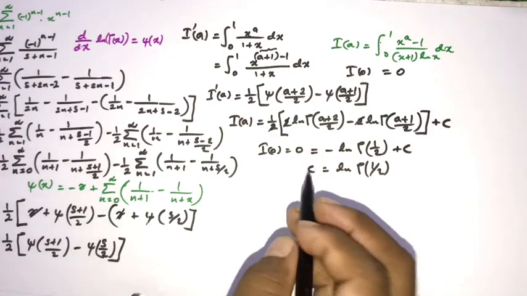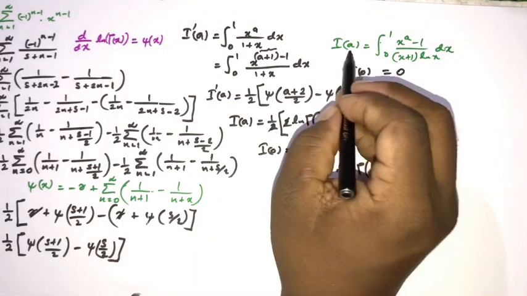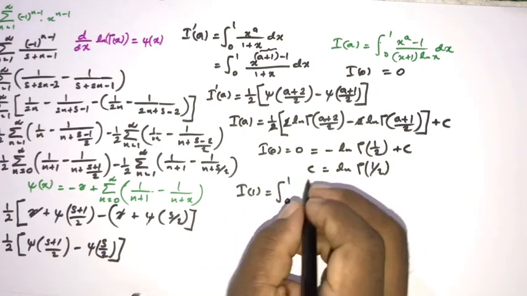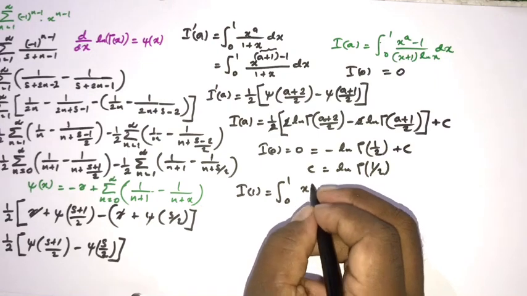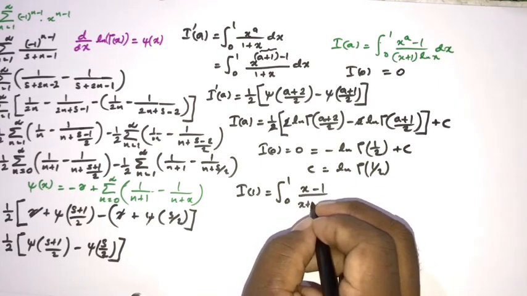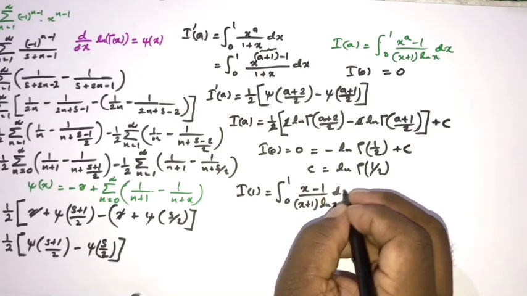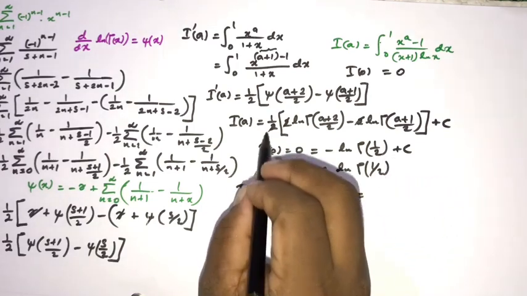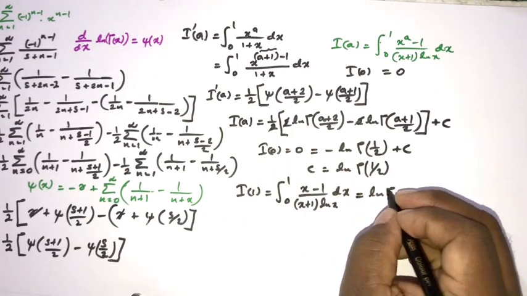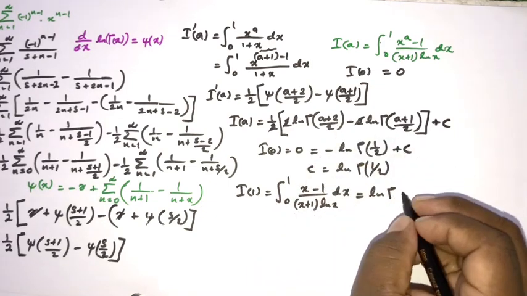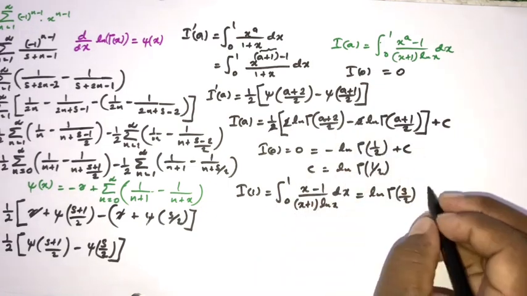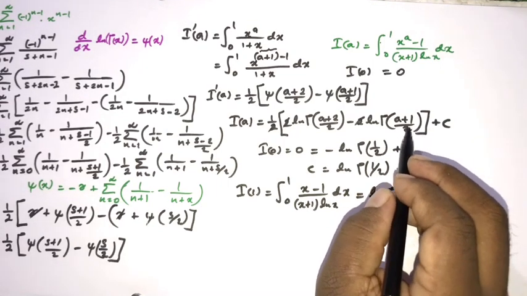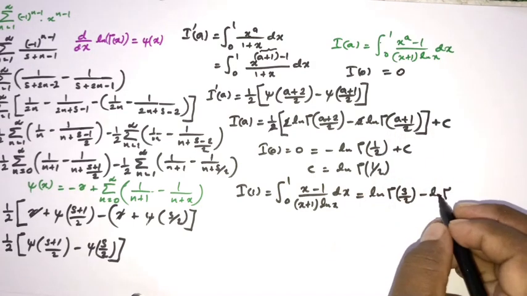Now we need I of 1. If we take I of 1, we have the integral from 0 to 1 of x to the 1, so x minus 1 over x plus 1 times natural log of x dx, and this is equal to natural log of gamma of 1 plus 2, so 3 over 2, then minus natural log of gamma of 2 over 2, we know gamma of 1 is 1, so this part we know 0.